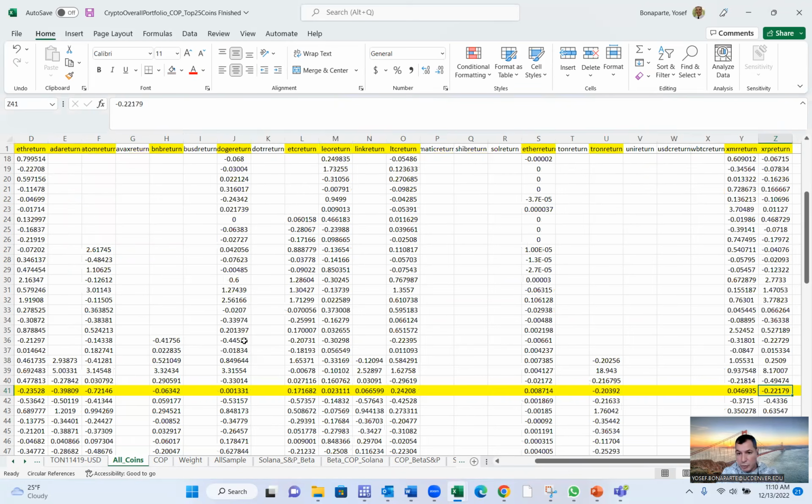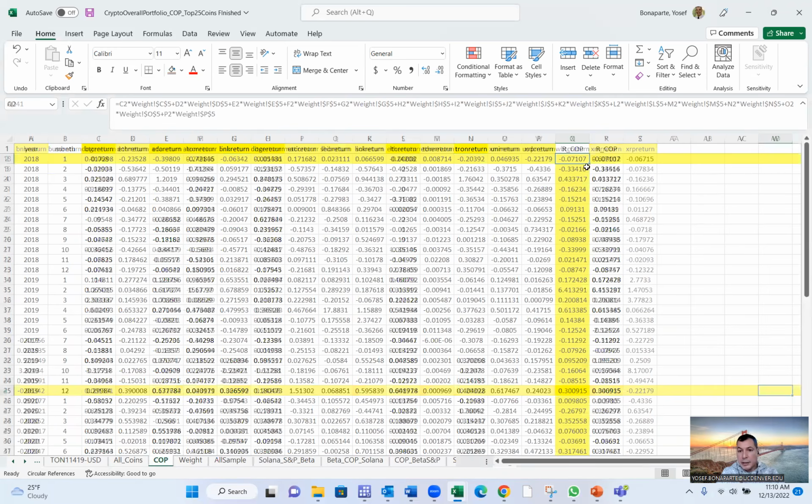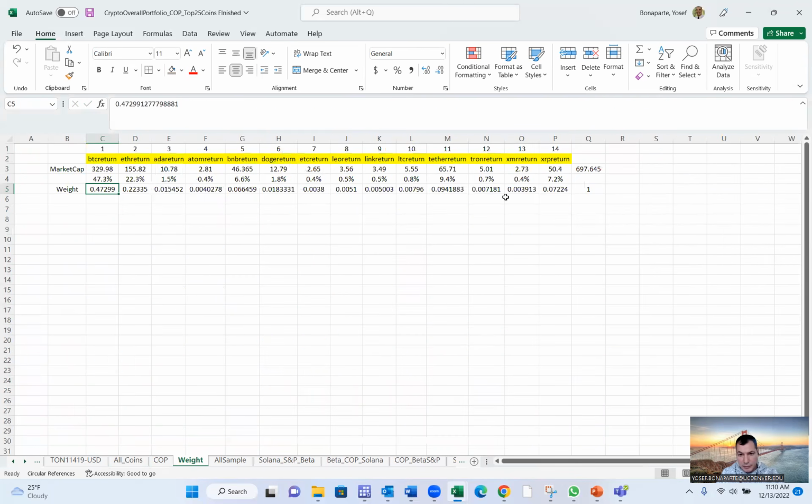Based on that, I got these coins in yellow. I calculated the portfolio based on the weights. You can see here a formula with the weight, which is the return for each coin multiplied by the weight. The weights are already here. This is the weight for every coin in the crypto overall portfolio.